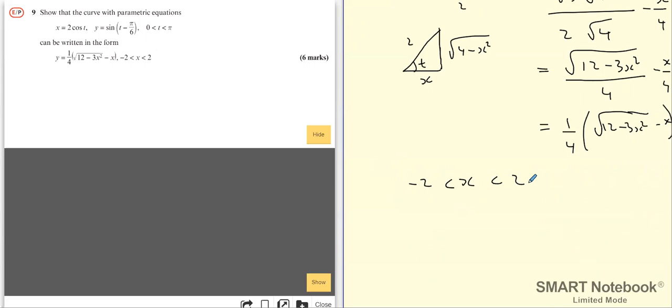This is important and an area where students often lose marks. How are we going to show that the domain is minus 2 to 2?